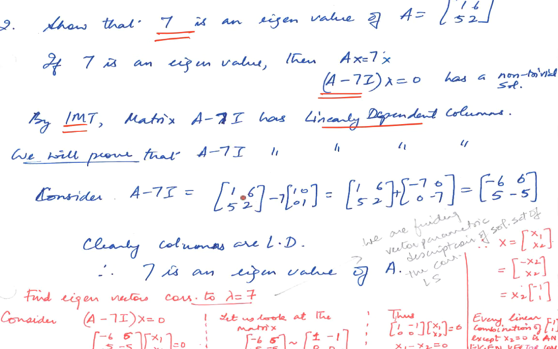We do the math here. 1, 6, 5, 2 minus 7I, remember, I is the identity, and its size is always the same as the size of the matrix from which it is being subtracted. So when you do the math, this is what we get. Notice clearly these two columns are dependent. Great. As these columns are dependent, automatically by IMT, we say that 7 is an eigenvalue of A.